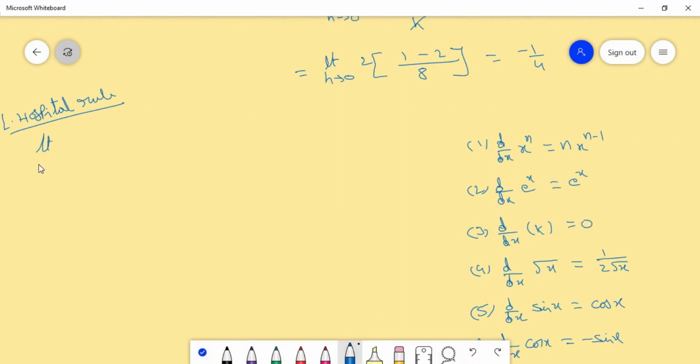Limit x tends to 1, cube root of 7 plus x cube minus square root of 3 plus x square, whole divided by x minus 1.